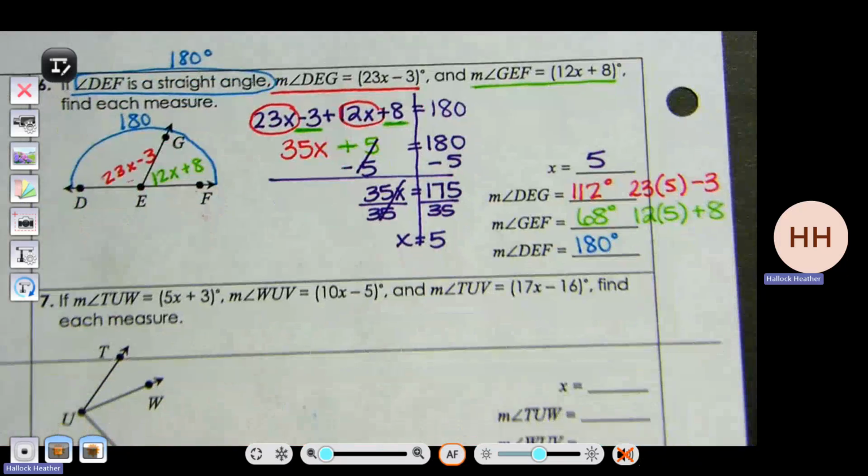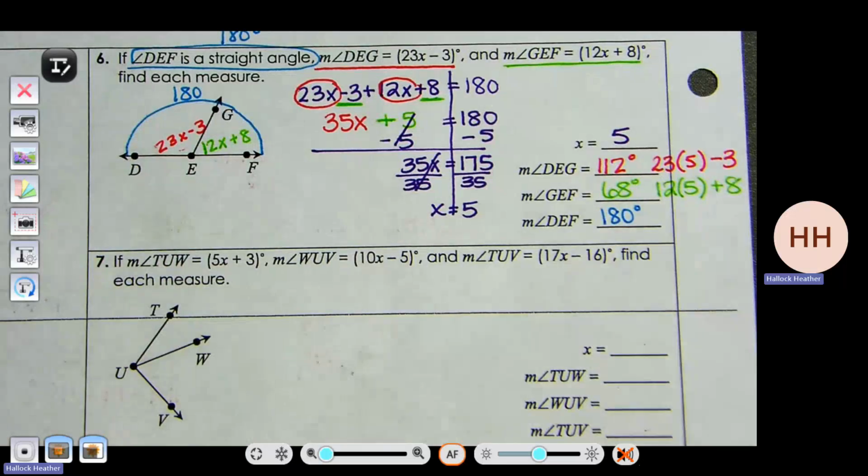So try number 7. You're taking your information and you're putting it in your picture first. If you put it in the wrong spot on the picture, it's probably not going to make the right equation.